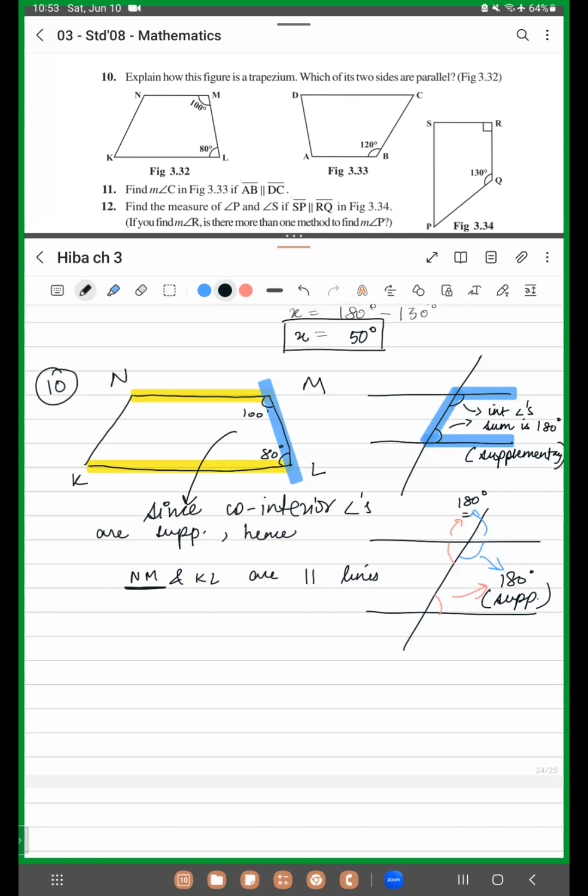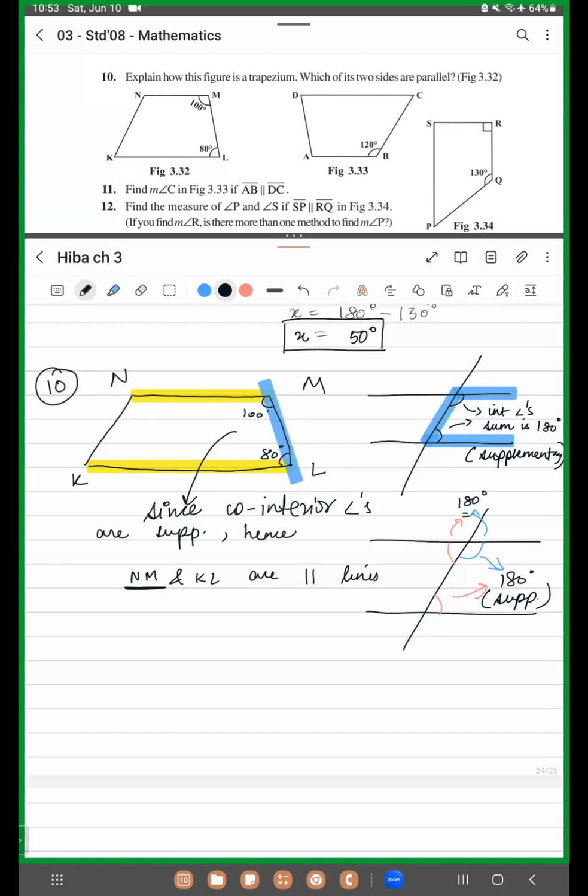We can see that it's supplementary. That is a part of our proof. That's why we have to write it. Understanding? Hiba? Yeah. Did you understand? Yeah, I understood. Okay, good.